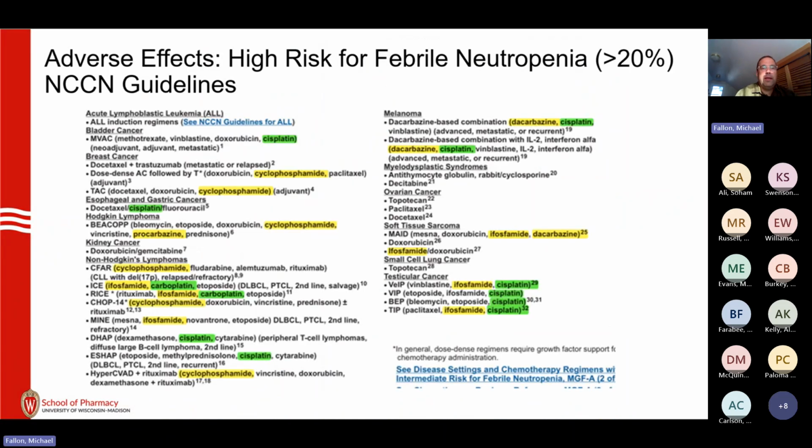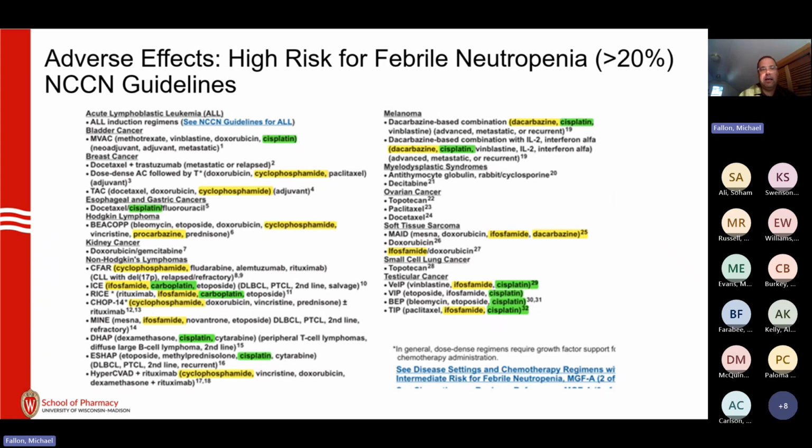This is an NCCN guideline. And so febrile neutropenia, we base it on risk. So given the therapy and no growth factor support, if they have 20% or higher risk of febrile neutropenia, we call it a high risk. Intermediate would be 10 to 20%, and low would be less than 10%.